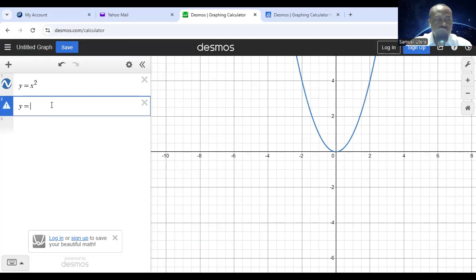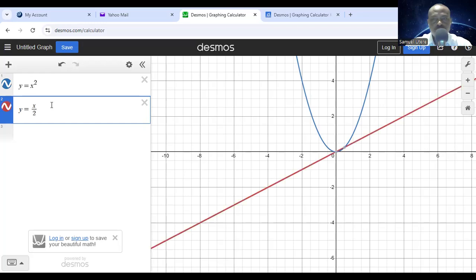So you type y, you put equal, you put x, you press your / key. You see, it changes straight to divide, and you put 2, and you have your graph. So you now know how to use the graphing program to plot a non-linear graph. So let's get back to our presentation.